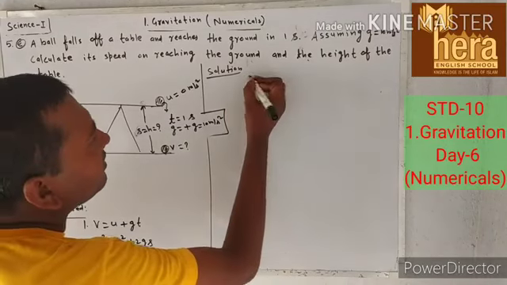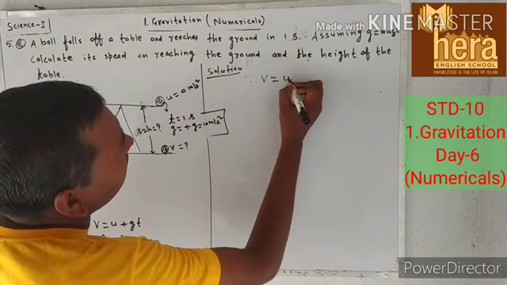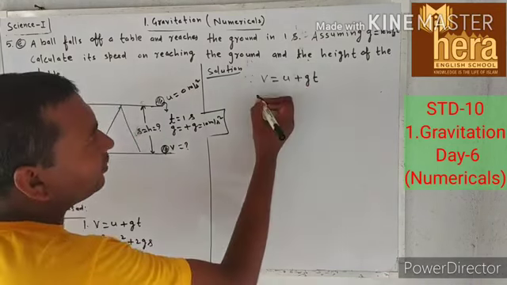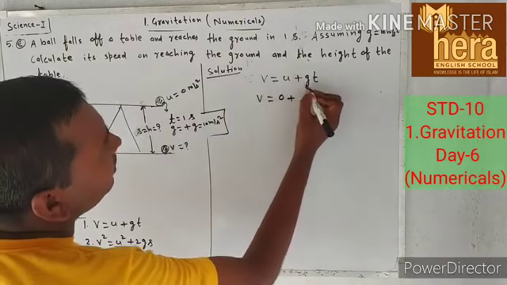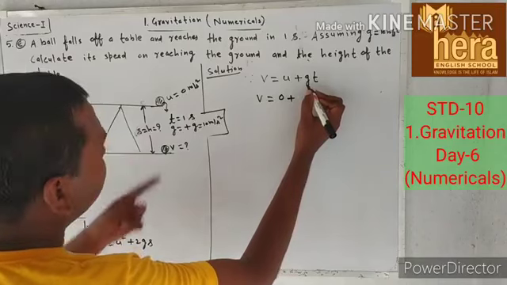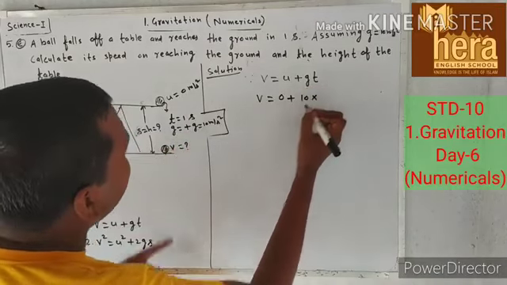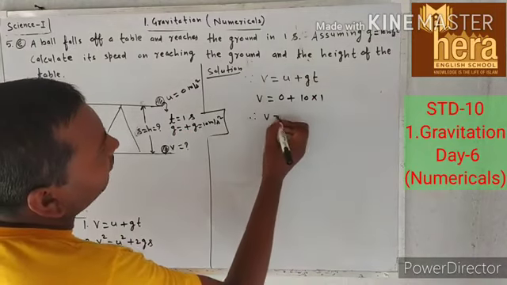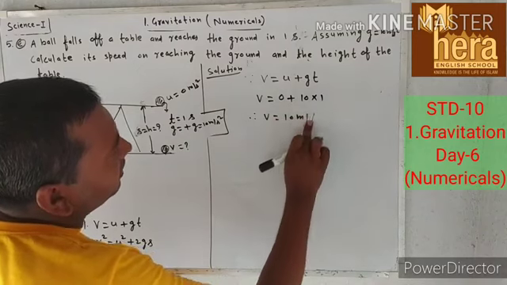Solution. Since V is equal to U plus GT, U is equal to how much? 0 plus G. G is plus G, that is 10, into time is 1 second. Therefore V is equal to 10 meter per second.